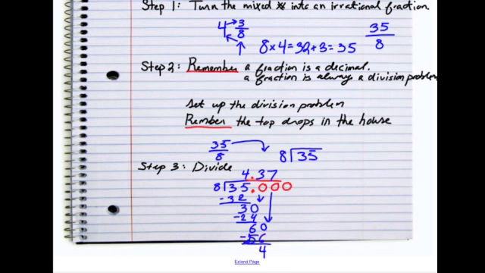Again, subtract, so I get a 4. Bring down my 0. 8 goes into 40 5 times. That's great because 8 goes into 40 5 times evenly, and I've completely divided out my 8 into 35 to 3 decimal places. Let's jot down a couple of notes about this process specifically.